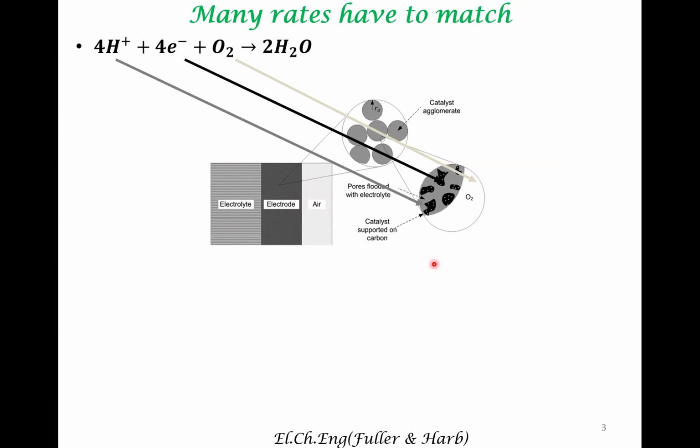Let's move on. So here, because there are three different reactants, many rates have to match. There are some transport rates which match with reaction rates and so on. We'll look at them more quantitatively. So the general material balance equation is presented here. We have seen these kinds of material balance equations many times in the previous lecture.